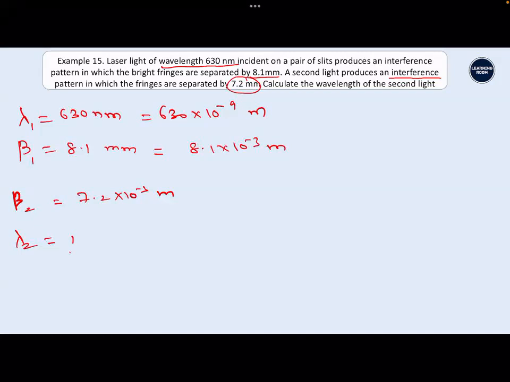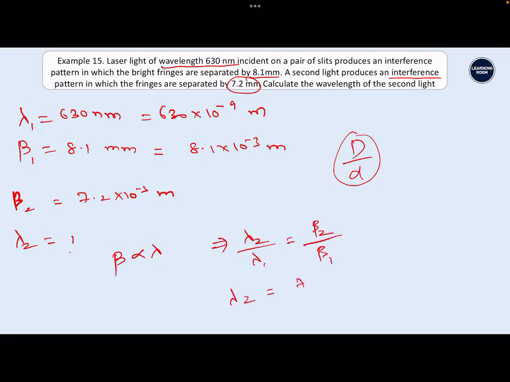Since the setup is the same, what will remain constant? Capital D by small d is a constant. So beta is directly proportional to lambda. So lambda 2 by lambda 1 is equal to beta 2 by beta 1. Lambda 2 is 7.2 by 8.1 into lambda 1, which is 630.